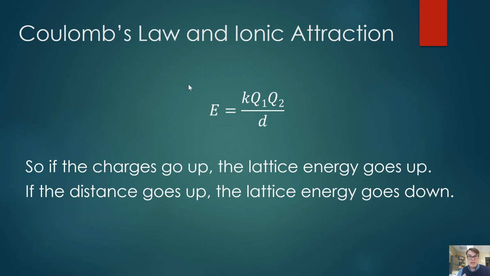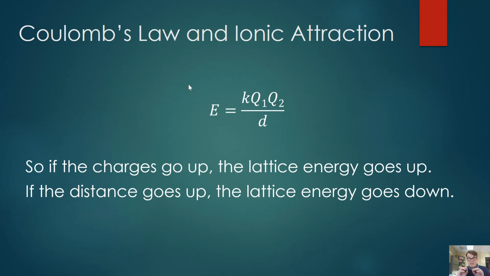And so we introduce then a constant, K, or kappa, however you want to look at it. And so now we can see that the lattice energy, that is the amount of energy it's going to take to break apart two ions that are in a compound, is going to go up as the charges go up.